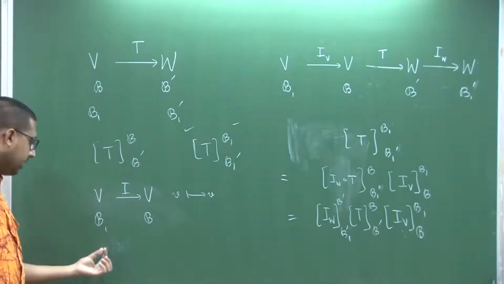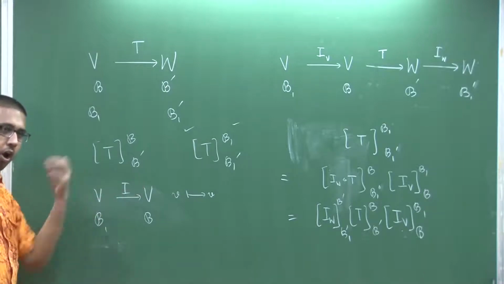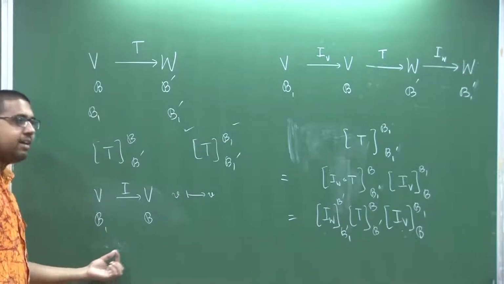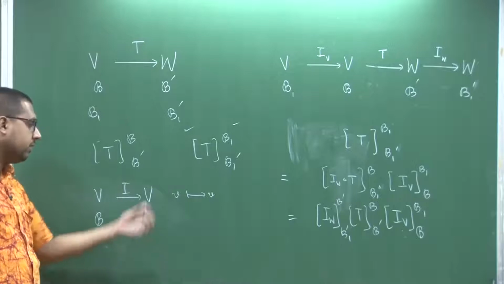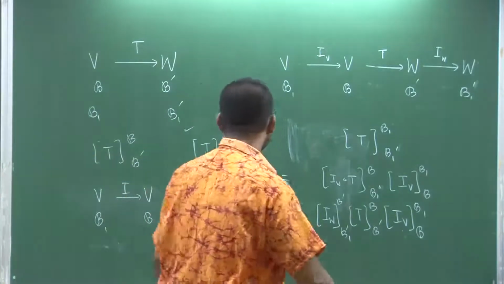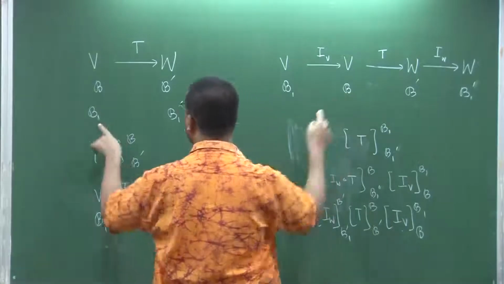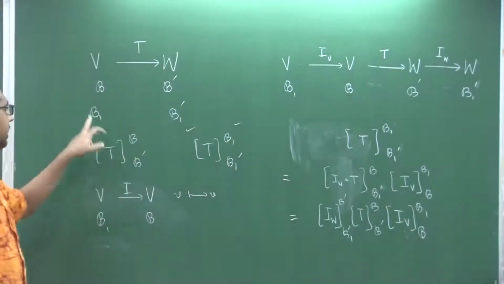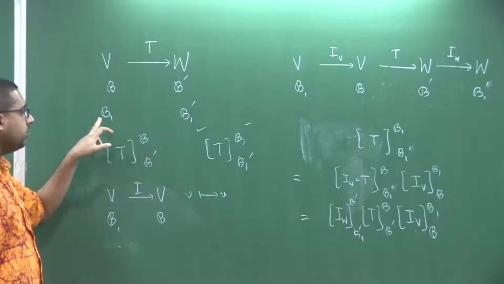What we are doing is taking every basis vector of V1 and writing that as a combination of the basis vectors in V. Earlier we had B and now we have B1.